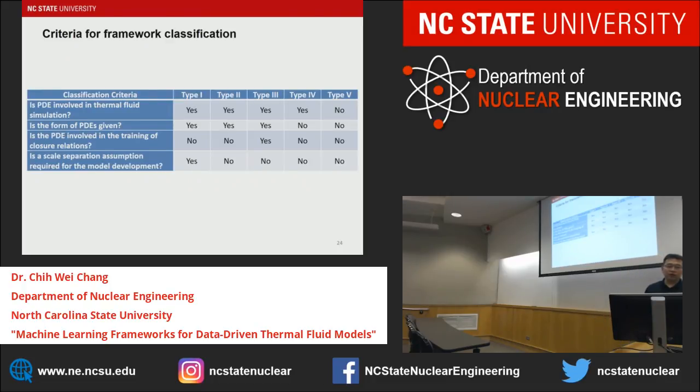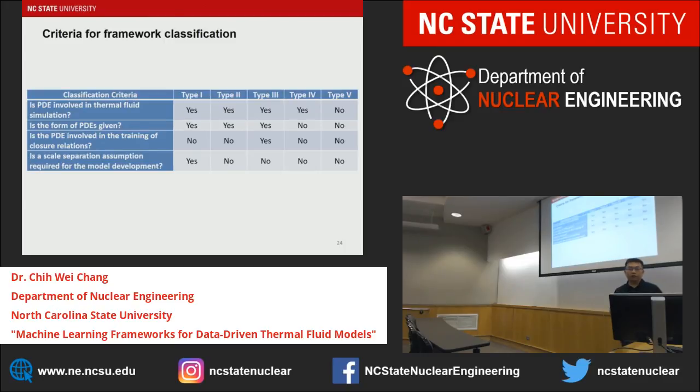The second criterion is: is the form of the PDE given? By this criterion, we can separate the type 4 machine learning from the other 3. The type 4 machine learning is aimed at reconstructing the form of equations, so this is different from the previous 3 types.